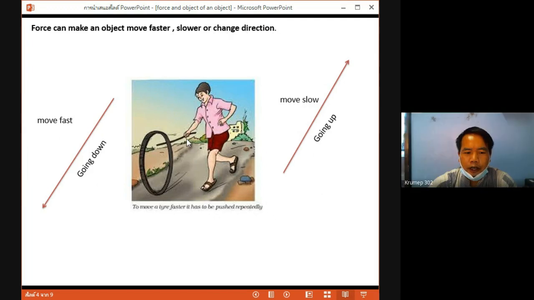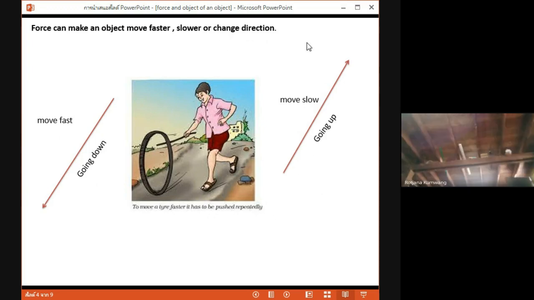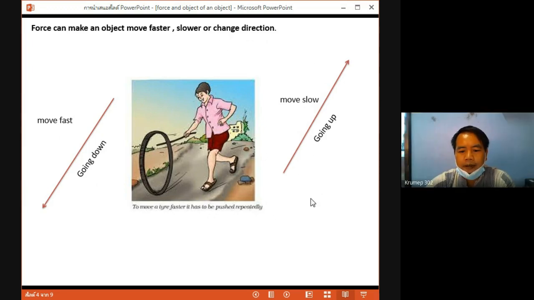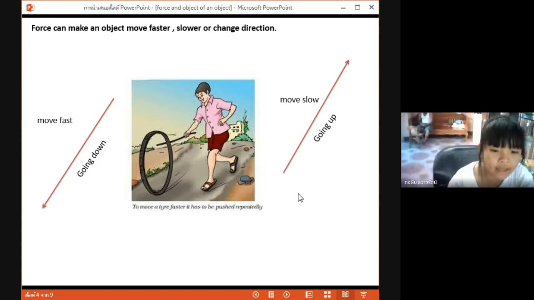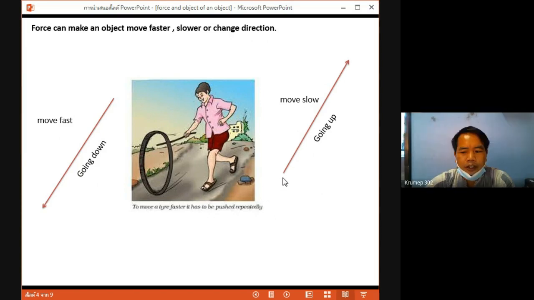If the ring moves going down, you're thinking that it will move straight, but sometimes it will go to the right or to the left. So it changes direction. Understand? Okay, very good.